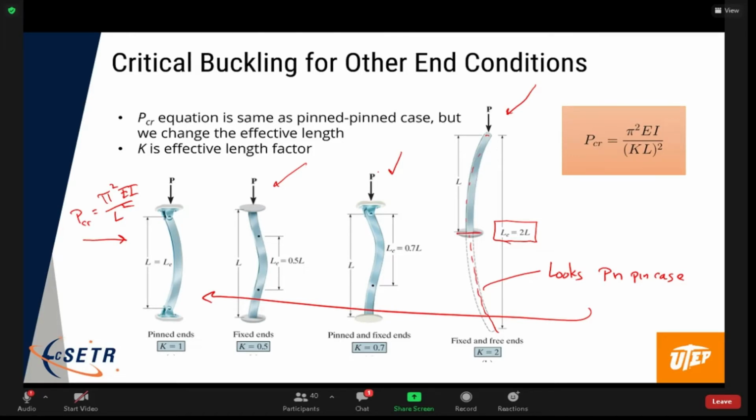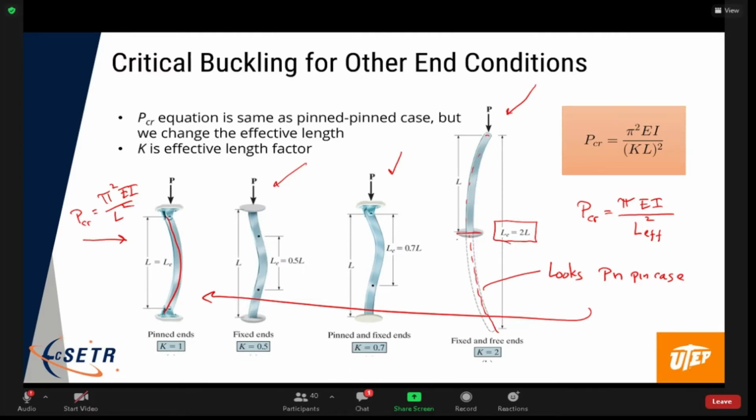All right. So really, we want to talk about buckling as follows. Right, where we're going to use the effective length squared on the bottom. And if we have pinned pin, the actual length is equal to the effective length.